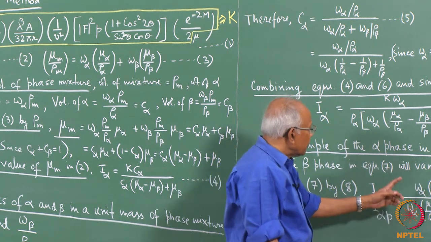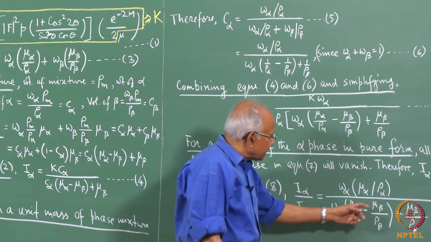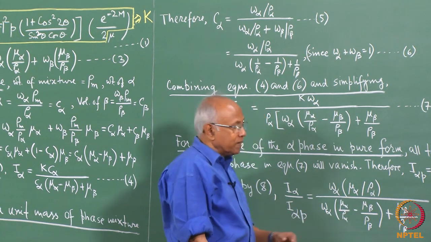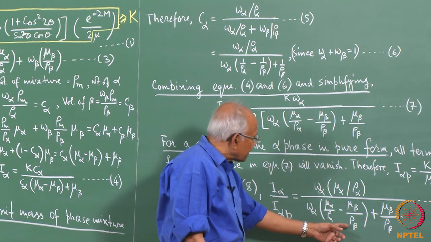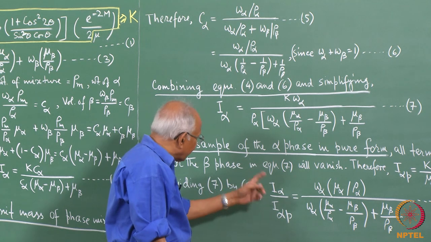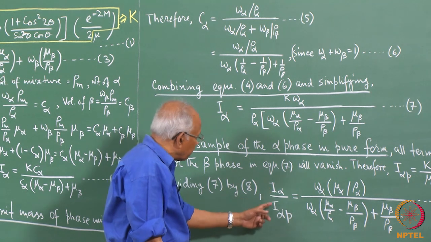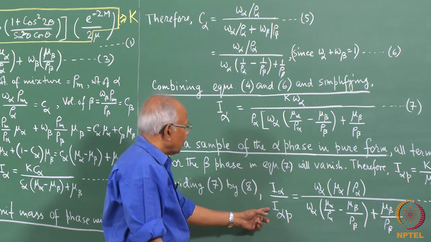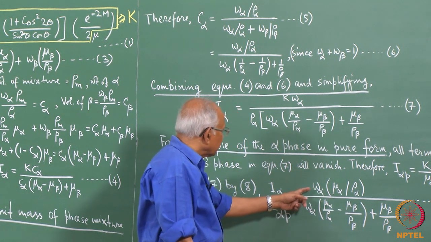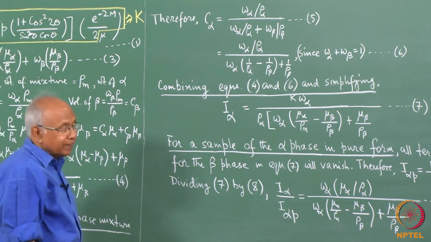And here, if we know the values of mu alpha and mu beta, which are the linear absorption coefficients of the alpha and beta phases, and rho alpha and rho beta, the densities of the alpha and beta phases, then simply from the ratio of a line of the alpha phase in the mixture and the same line of the alpha phase in a pure form, it is possible to find out the value of W alpha, the weight fraction of alpha in the mixture.